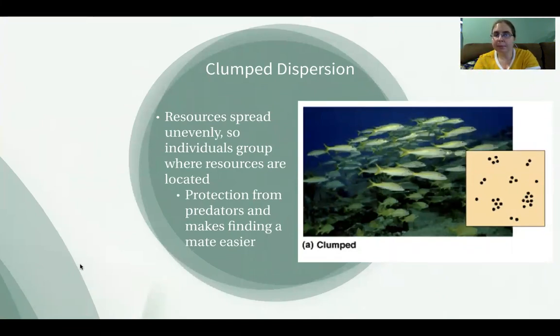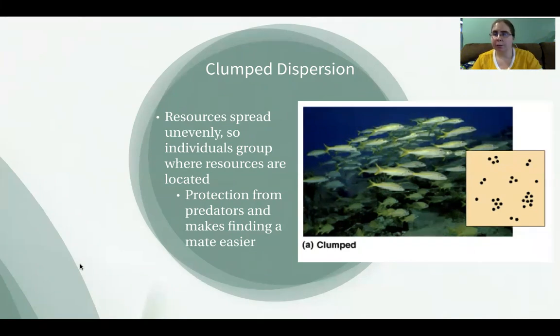Now, in a clump dispersion, resources are spread out unevenly within the area. So what we tend to see is that individuals of the population are going to group wherever the resources are located.